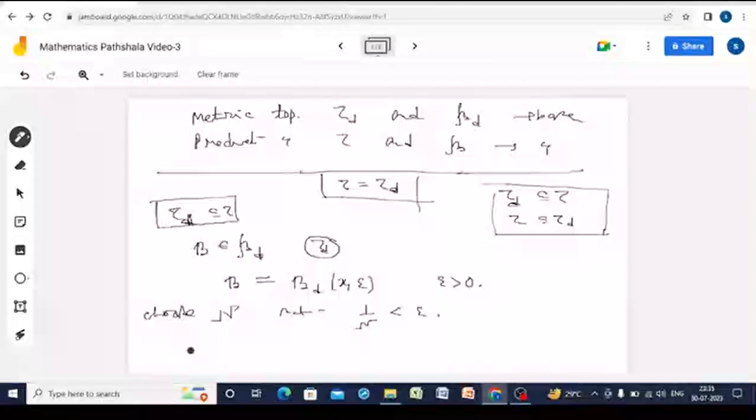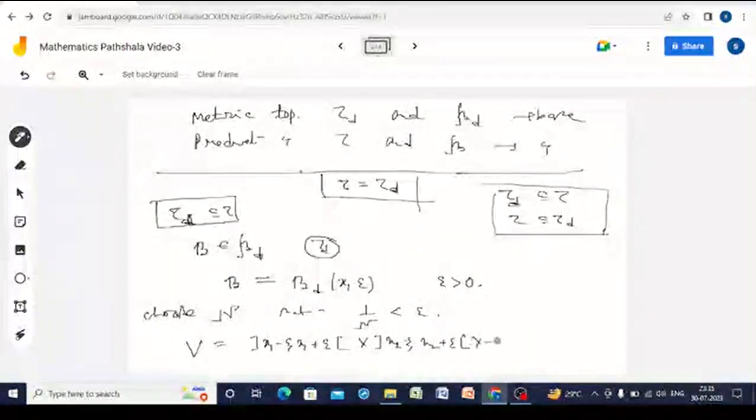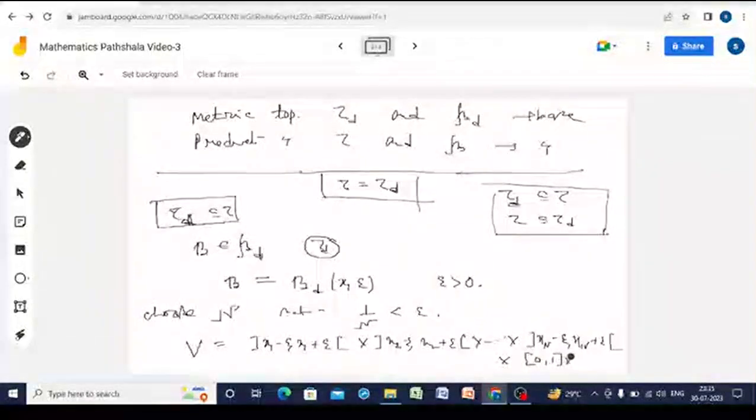Now let us take V equal to, say, x1 minus epsilon comma x1 plus epsilon open interval, Cartesian product x2 minus epsilon, x2 plus epsilon, and so on up to xn minus epsilon, xn plus epsilon, and the other product will be the same as 0 1, 0 1 cross 0 1 and so on.